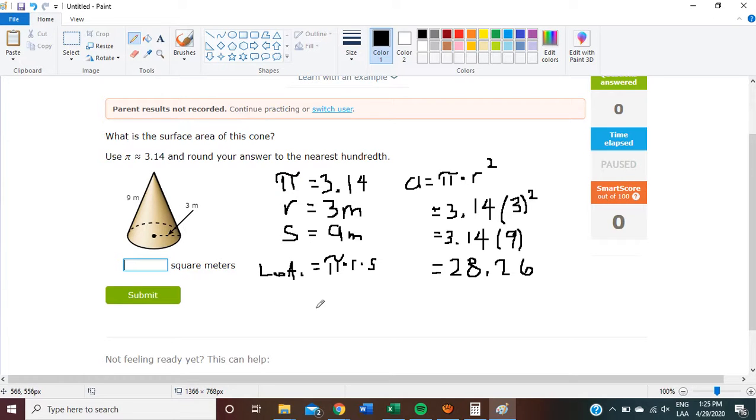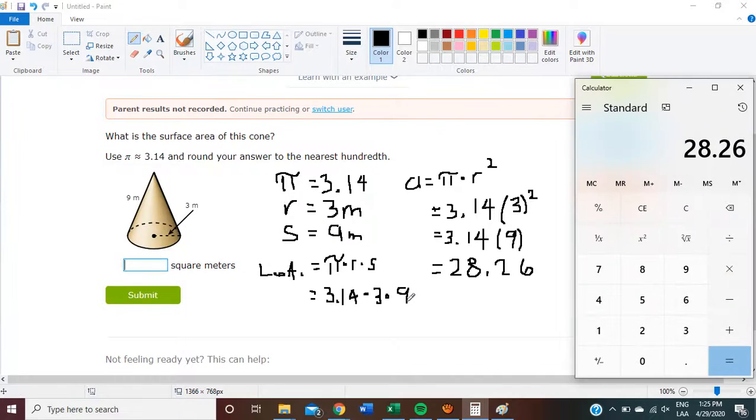So we just multiply 3.14 times the radius, which is 3, times the S, which is 9.